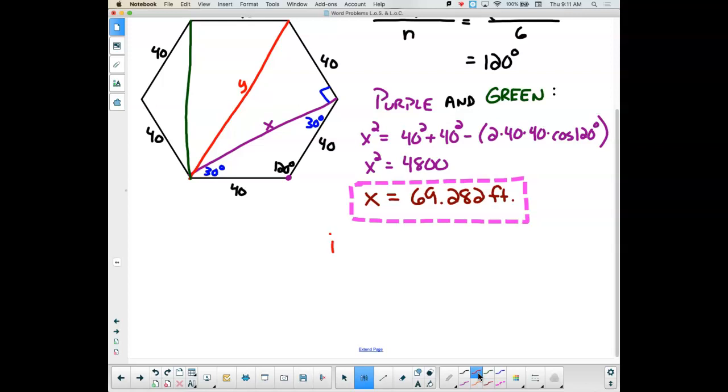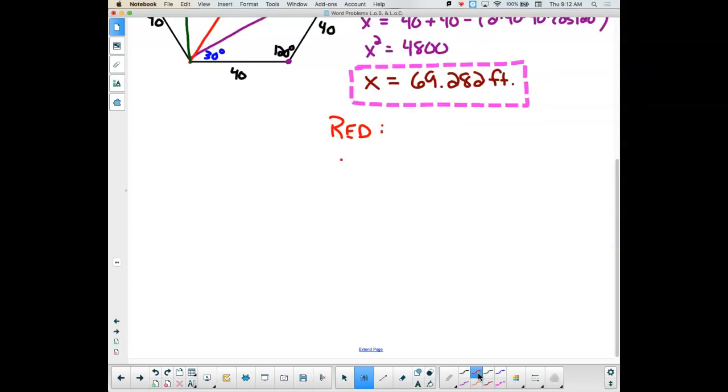So if I'm solving for red, I would go y squared equals 40 squared plus 69.282 squared.